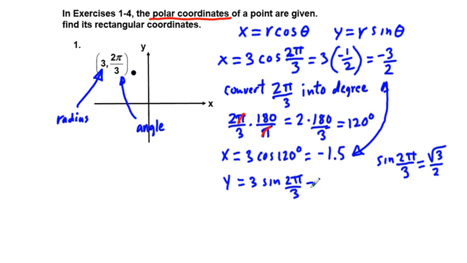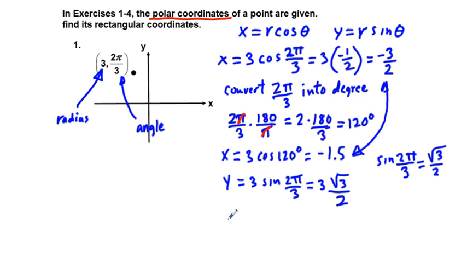And so what y is equal to is 3 times square root of 3 over 2. And so really, that's it. So we have that as our y coordinate.